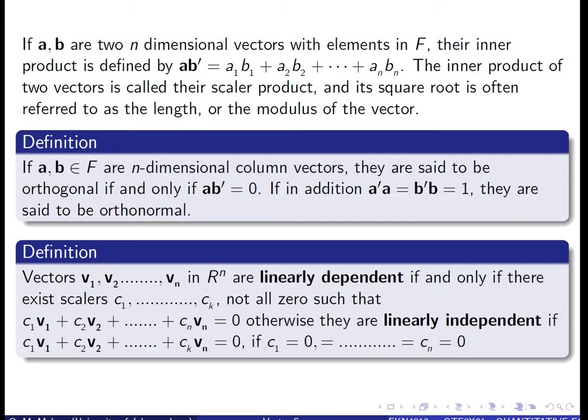Otherwise, they are linearly independent if all the scalars are equal to 0. If you can express 0 as a linear combination of these vectors only with all the scalars being 0, then we say these vectors are linearly independent.